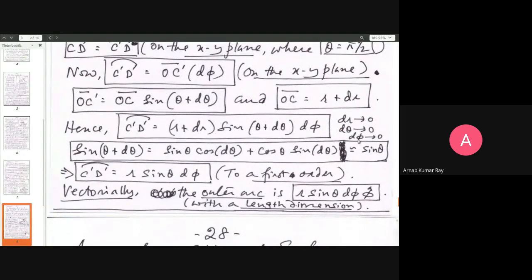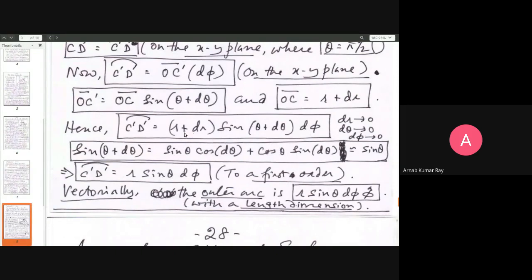So keep just only one d. After all, you are dealing with a line element, and a line element to first order can only keep one d. This thing is going to a very small value, and this thing too. But this thing can be neglected against r, and this d theta can be neglected against theta. D phi has nothing against which it can be neglected. That's why you have to keep it.